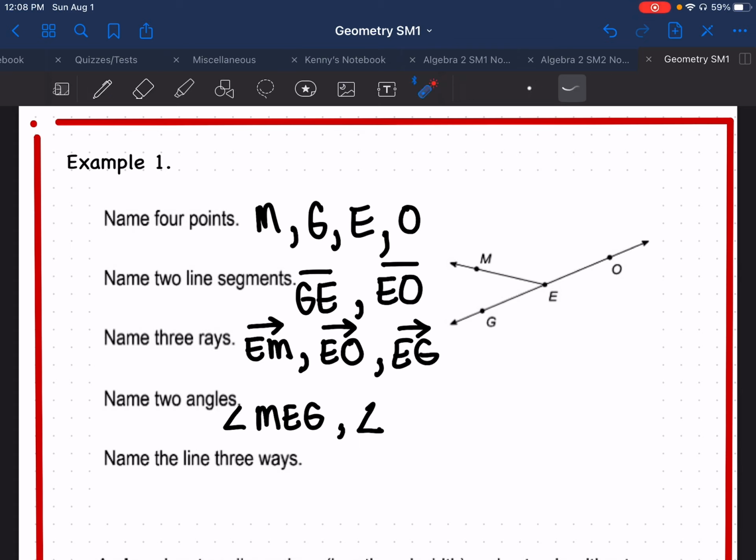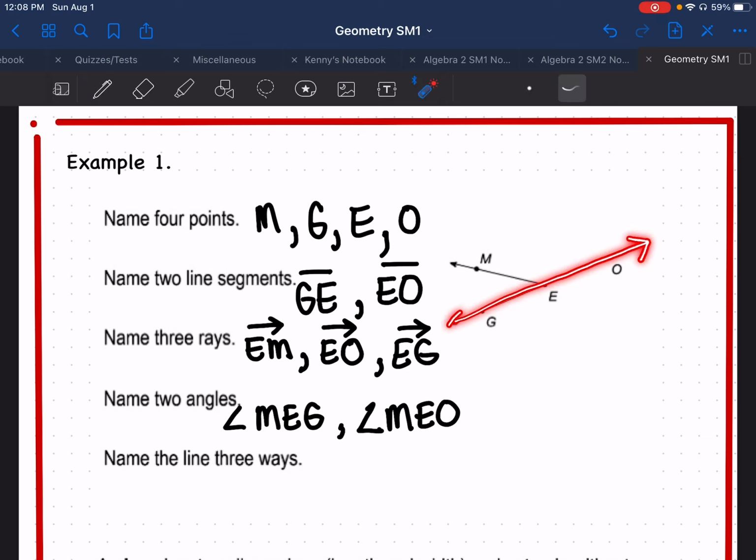Now it might be a little bit deceiving, but the other angle that is there is this one right here. It can be a little bit tricky because it is larger, but there you go. E is the vertex again, and we could go M, E, O. There we go. Now the last thing they want us to do is to name the line in three different ways.